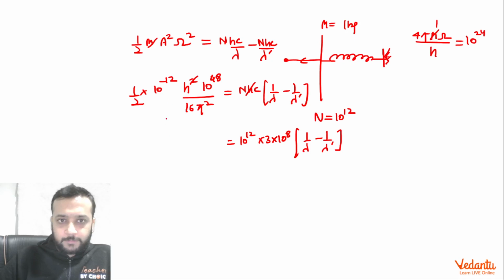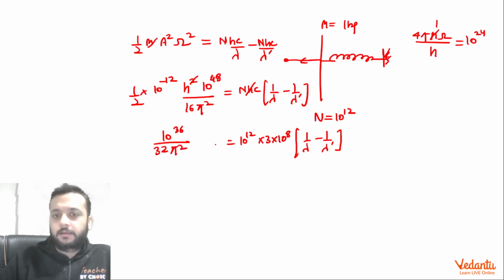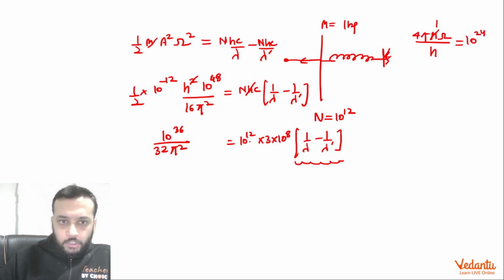And here what do we get? This becomes 10 to the power 36 upon 32 pi square. Now you just see the order of this value. 12 and 8 make 20, so this will become 10 to the power minus 16.